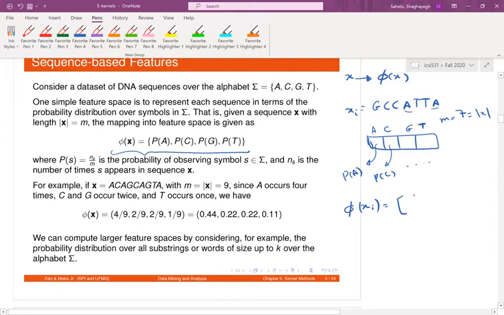I have 2/7 for A and 2/7 also for C, because I can see that 2 times, 1/7 for G, and 2/7 for T. So this is another way that we are representing a string in vector space, but it is going to lose some information anyways.